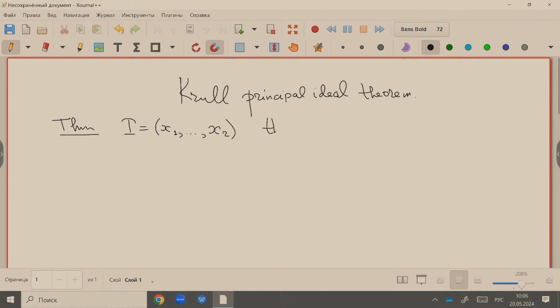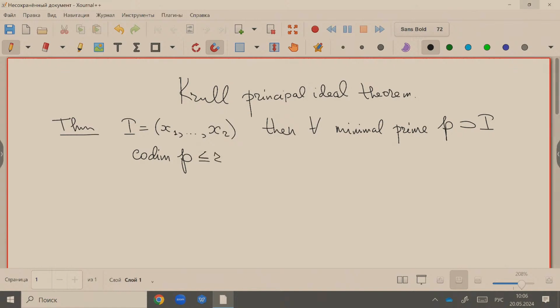Then any prime p, so any minimal prime p containing I, has codimension of p less than or equal to r.